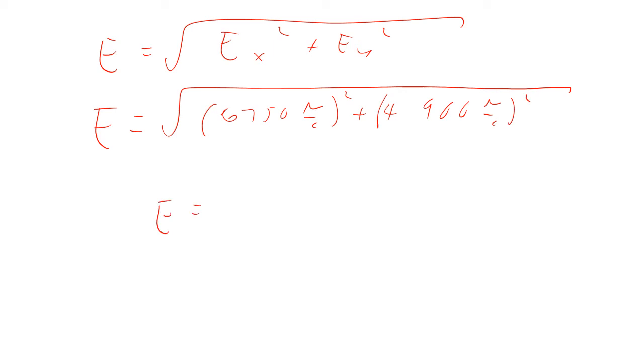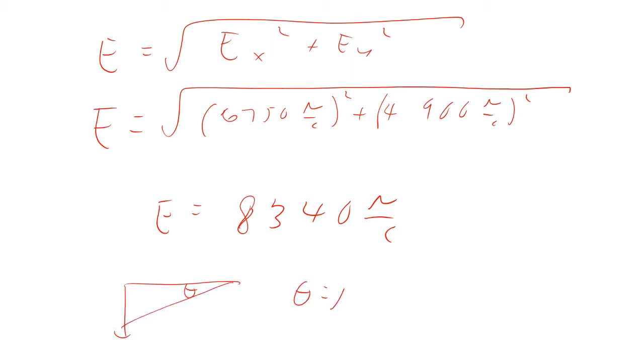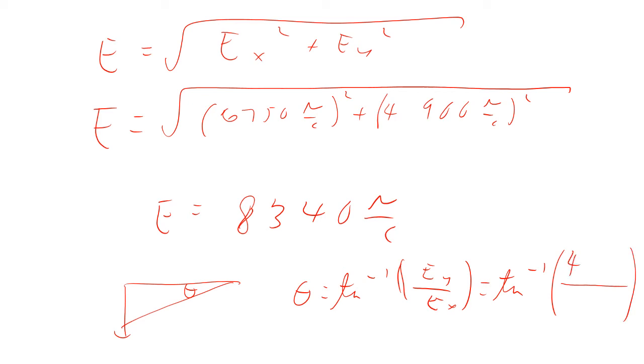So the magnitude comes out to be 8340 newtons per coulomb. Okay, so theta is the inverse tangent of the Ey over the Ex, and so that's going to be the inverse tangent of the 4,900 newtons per coulomb divided by 6,750 newtons per coulomb. So that comes out to be basically 36 degrees.